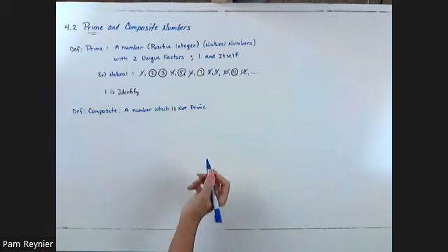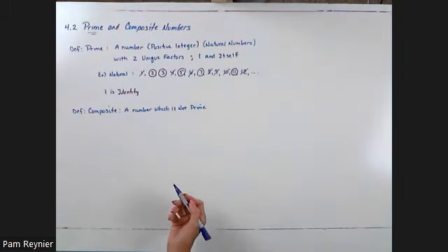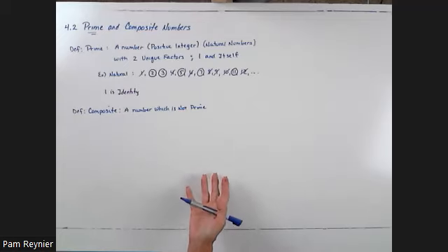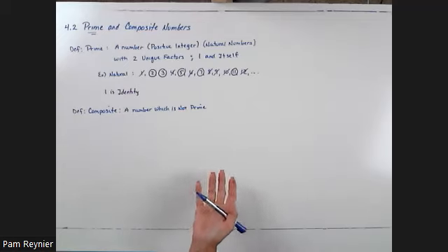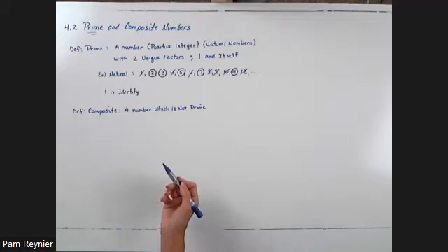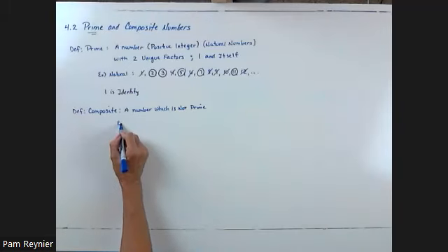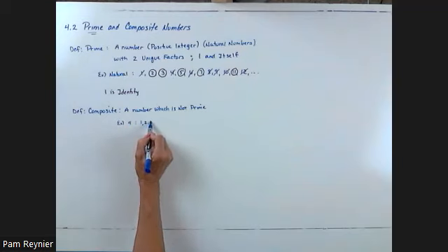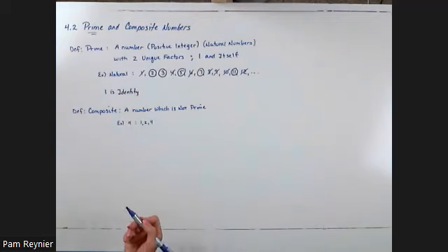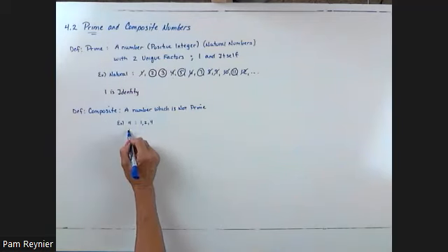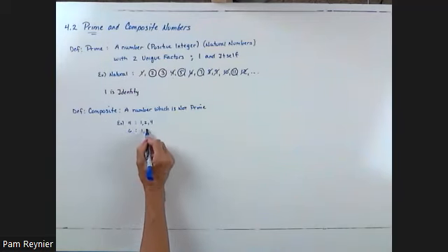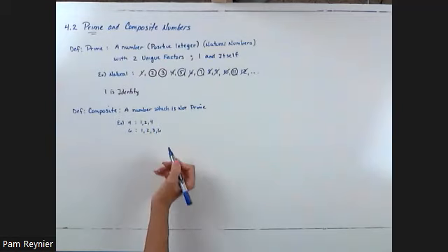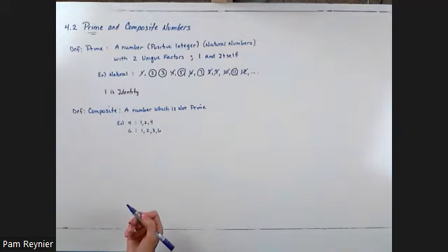So if it has anything other than 1 and itself, if it has 3 factors, 4 factors, 5, 6 numbers that will go into it, it's considered composite. So for example, looking on this list up here, 4 was composite. All 3 of those numbers, 1, 2, and 4, will go into it. 6, because the numbers 1, 2, 3, and 6 will divide into 6.